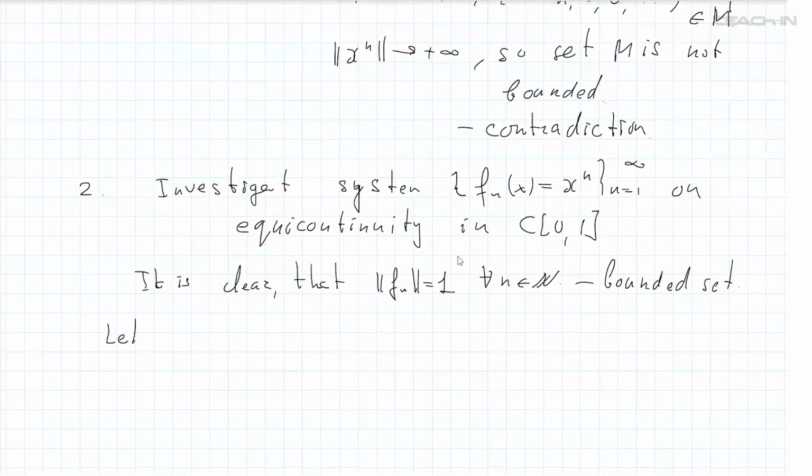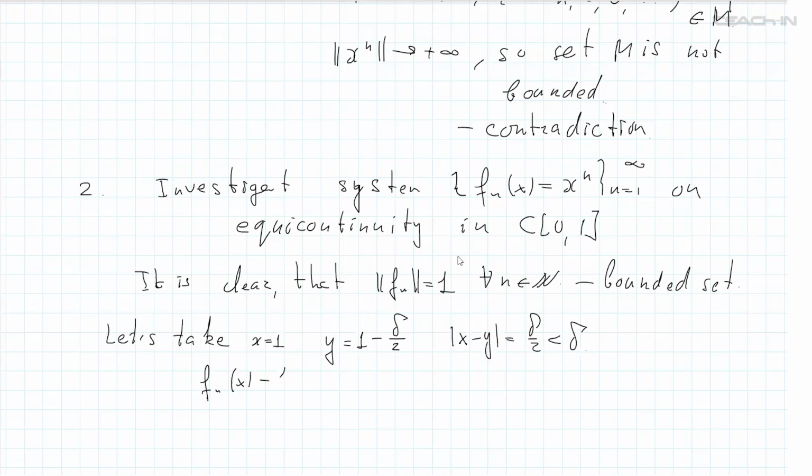Let's take x equals 1, and y equals 1 minus delta over 2. So the difference 1 minus y equals delta over 2, which is less than delta. And let's calculate f_n(x) minus f_n(y), which equals 1 minus (1 minus delta over 2)^n. And we know that this number is less than 1.